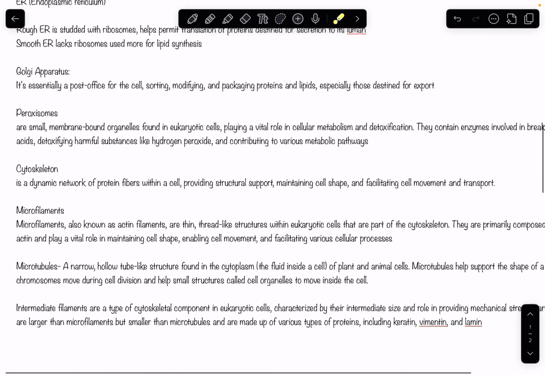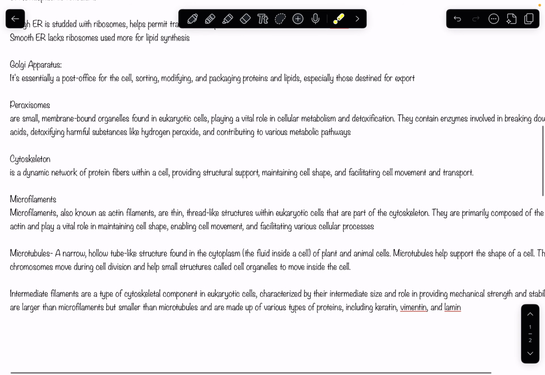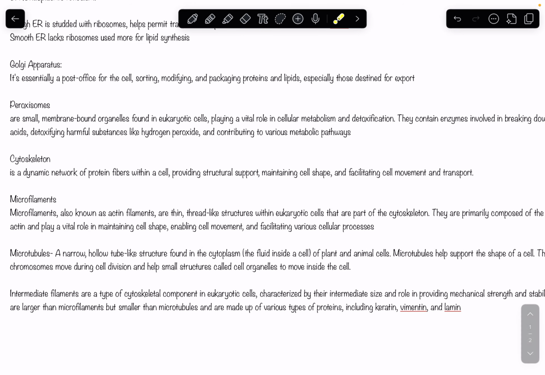So last but not least, cytoskeleton. So first off, general overview is it's a dynamic network of protein fibers found within the cell, maintain support, maintain shape, all that good stuff. So the cytoskeleton is made out of three things called microfilaments, microtubules, and intermediate filaments.